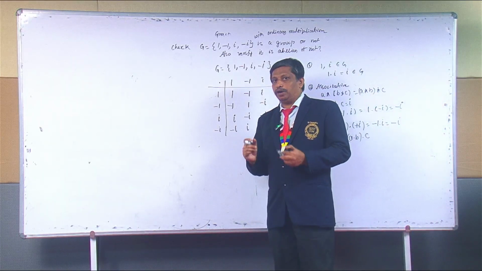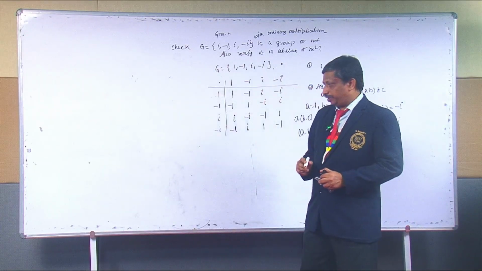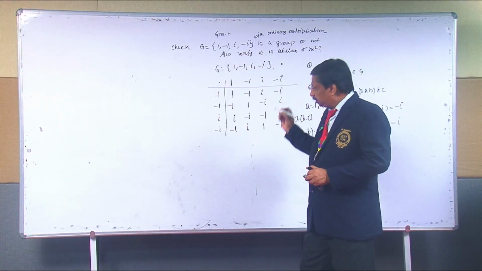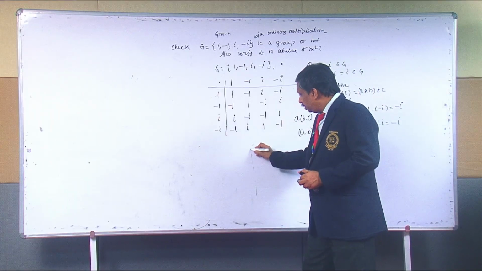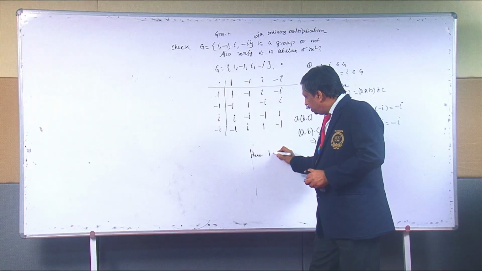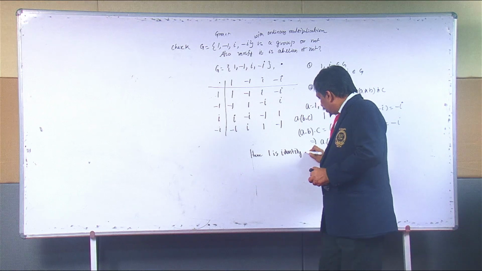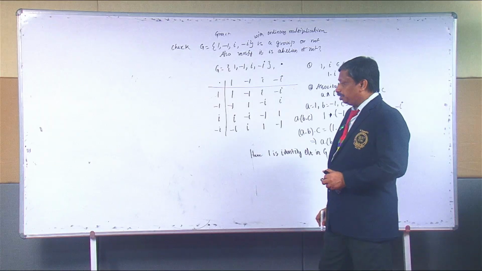Next we go for the identity property. What is the identity element? Any number we choose which is multiplied with 1 gives the same number. So here 1 is the identity element in G. Now come to the inverse element.